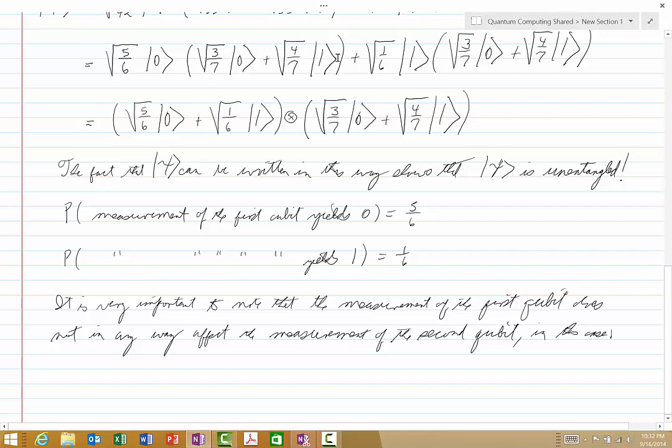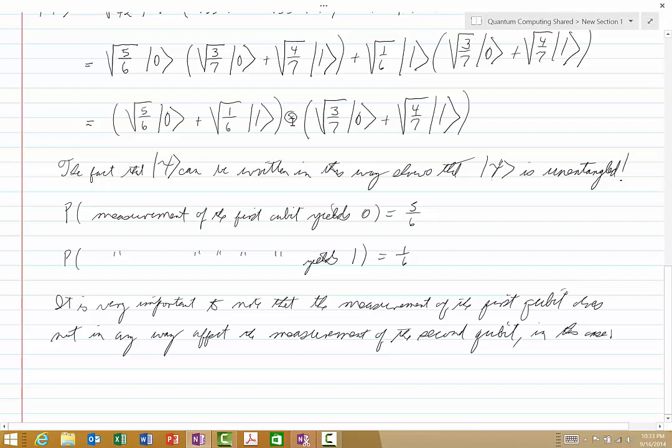And what that means is that after measuring the first qubit in the standard basis, if then a measurement was performed on the second qubit in the standard basis, then the probability of getting a 0 for that second qubit would be 3/7, and the probability of getting a 1 for the second qubit would be 4/7, regardless of what you had measured for the first qubit. And that's true because this state is unentangled.